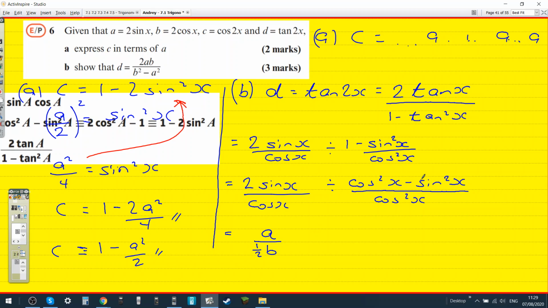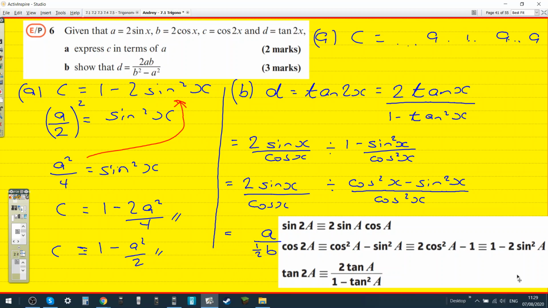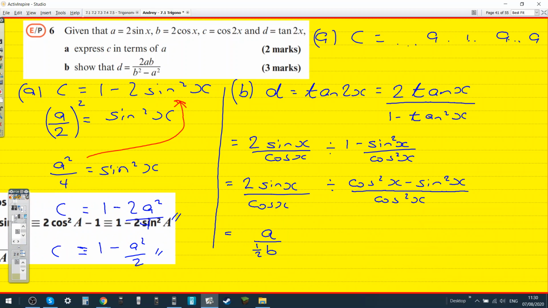How about the other one? Anything we can do there? So a is 2 sine x. Oh, would it be cos 2x? Yep, I believe so.